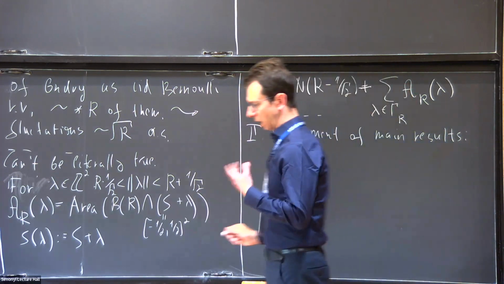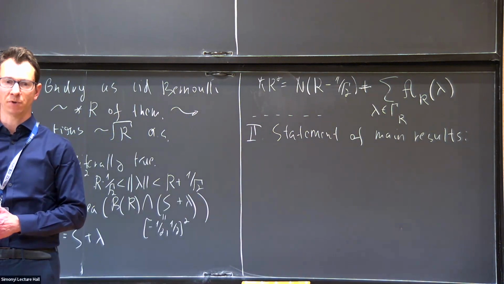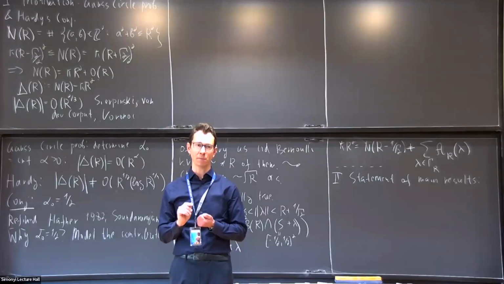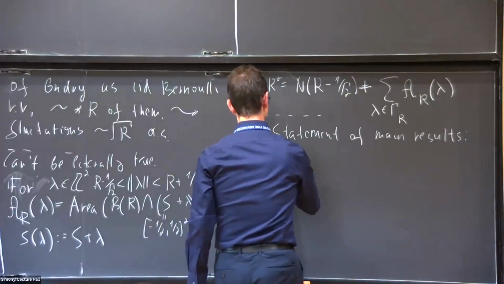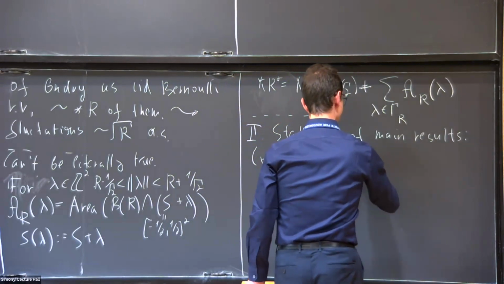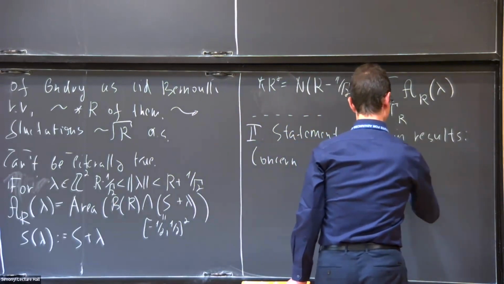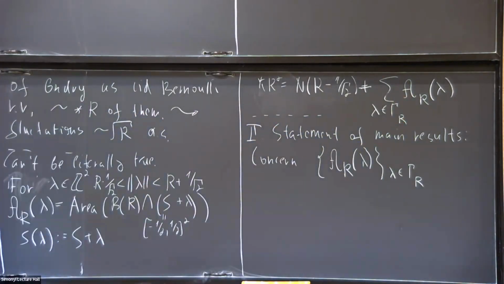So our results concern the distribution and various finer properties of these numbers AR of lambda as lambda varies in gamma R. And these are connected to the Gauss circle problem.